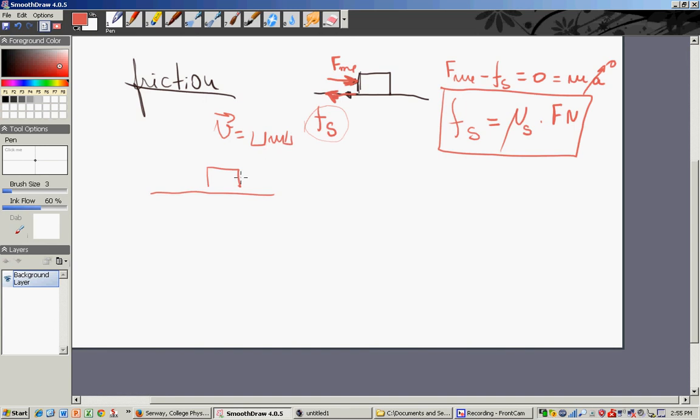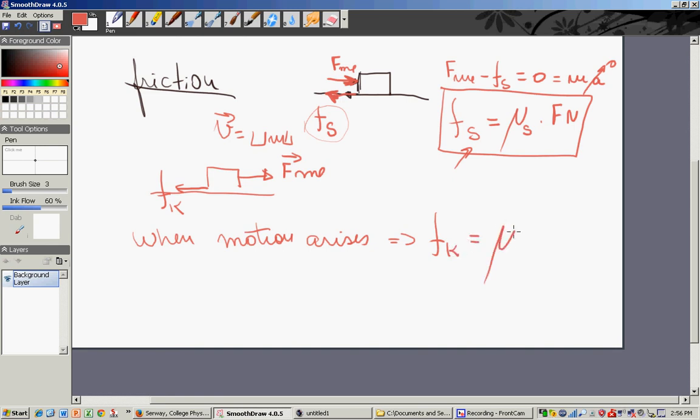Now once the block moves, it moves with a given velocity, a certain amount of meters per second. Why? Because you're pulling it to the right with a force, F me, my force. When motion arises, then the friction is not static anymore.